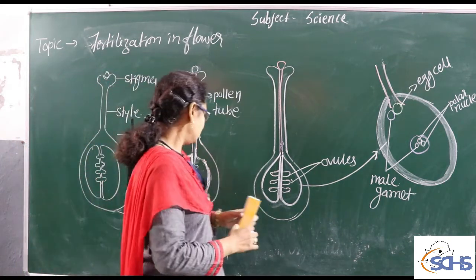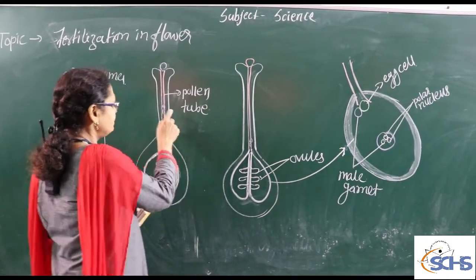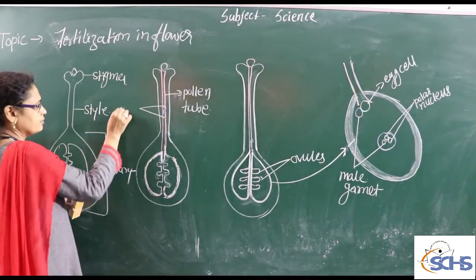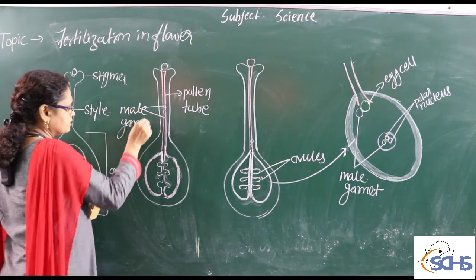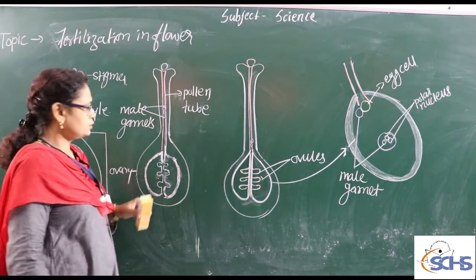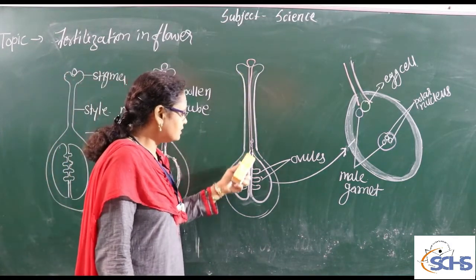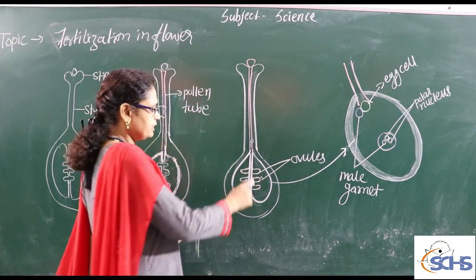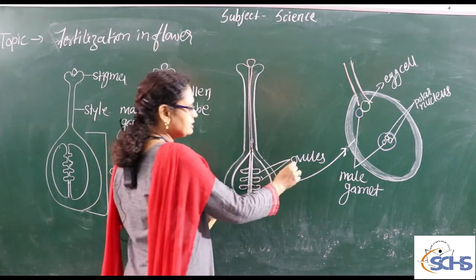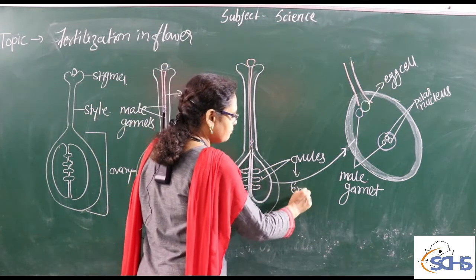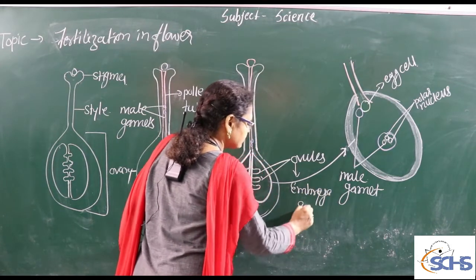Okay. In the next structure, what you can see, these are the male gametes. How many male gametes are here? Two male gametes. So both the male gametes reach the ovary. Inside the ovary, ovules are present. Inside the ovules, what is there? The embryo sac.